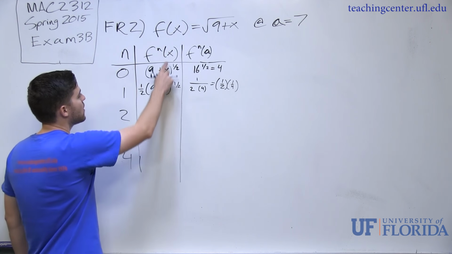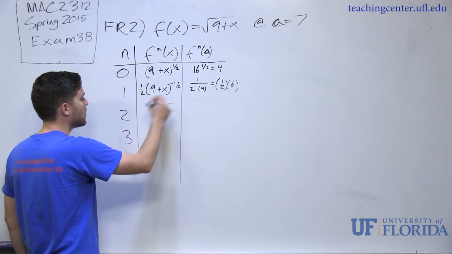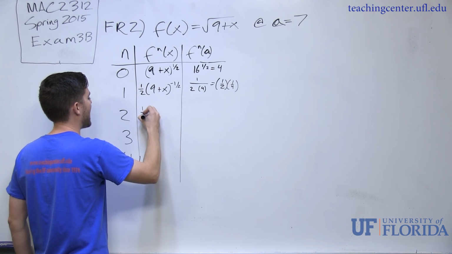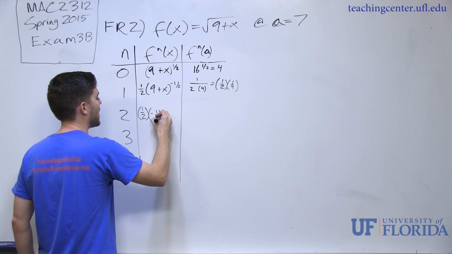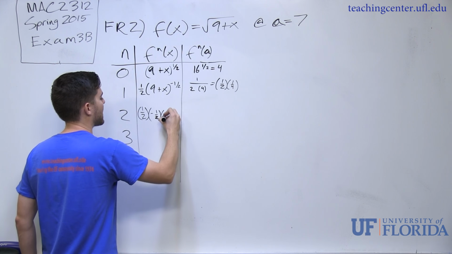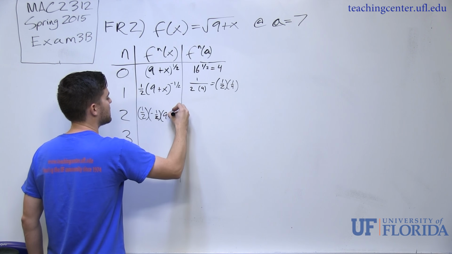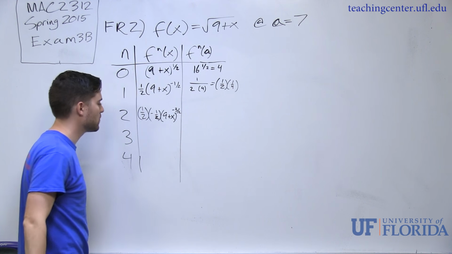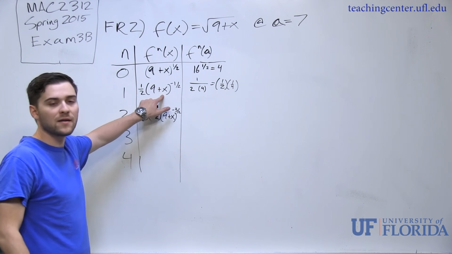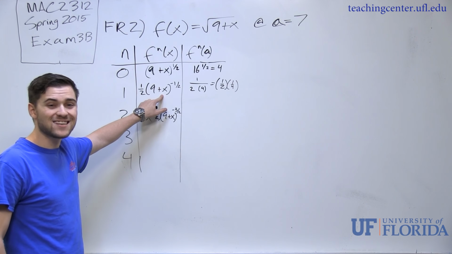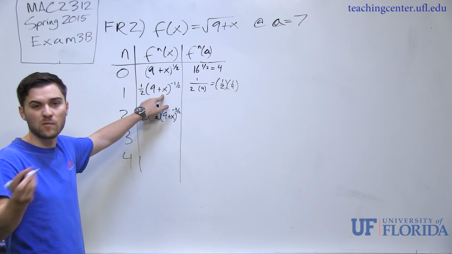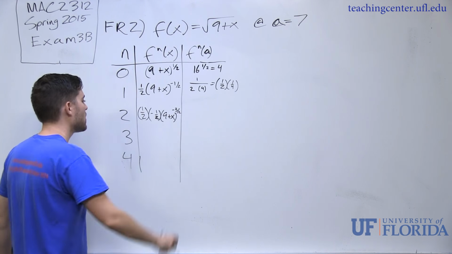For n equals 2, I can take the derivative of this term. When I derive that out, I end up with 1/2, and again, trying not to simplify anything, I'm going to multiply by a negative 1/2 in front. That causes this to be 9 plus x to the negative 3 over 2. Also keep in mind that normally we would have to take into account chain rule, but the derivative of the inside is 1, so we're just technically multiplying by 1 every single time.